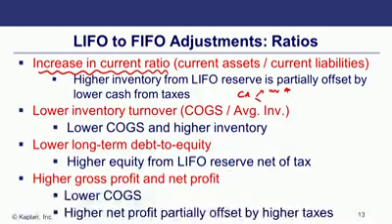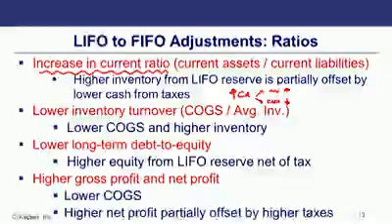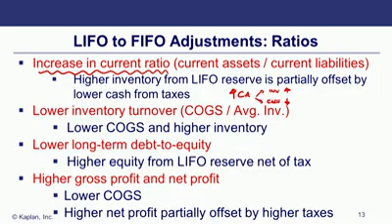But, of course, remember, cash is going down by the increased tax paid. Overall, though, our current assets are going to rise, essentially. So we've got higher current assets, current liabilities unaffected, and therefore our ratio is going to improve. Now, remember, a current ratio is essentially a liquidity-based ratio.